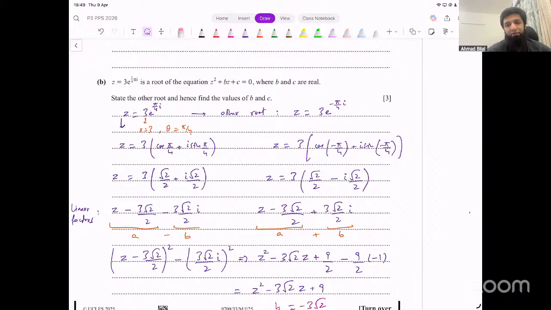Is this okay to everyone? Can I have a raise of hands from those of you who know the sum of roots and product of roots formulas? So I can see if I should tell you that alternative method in this case as well.